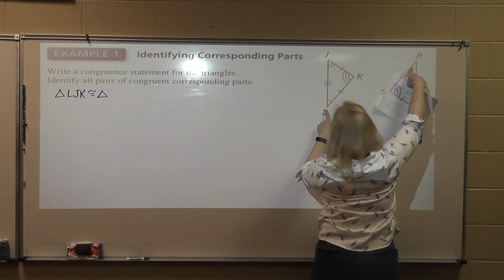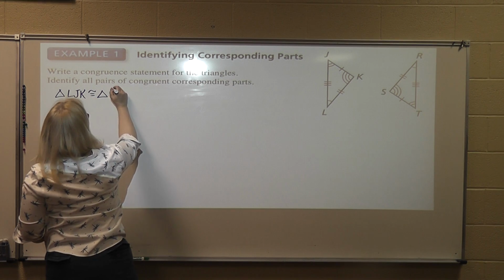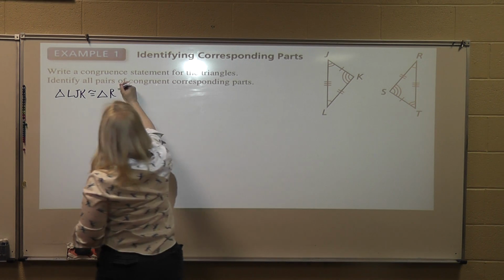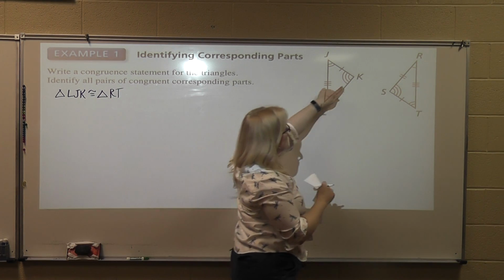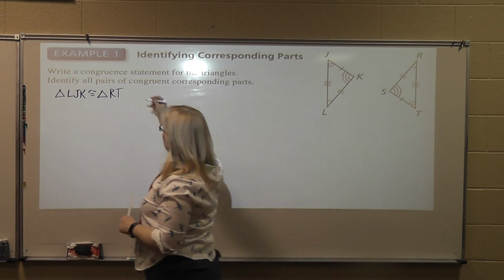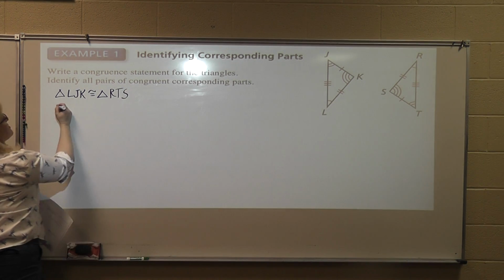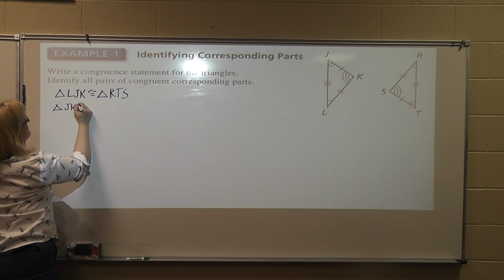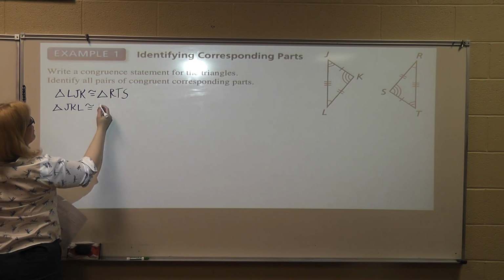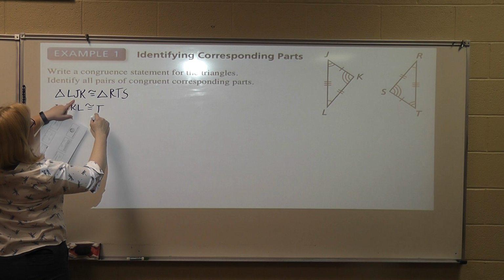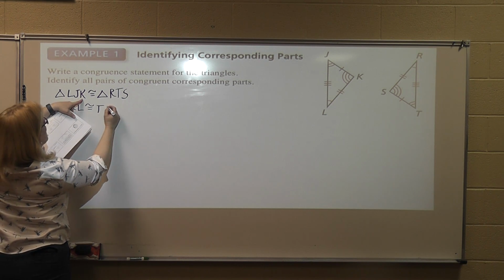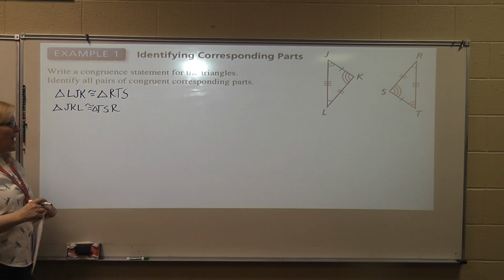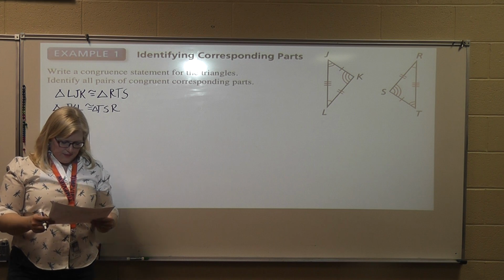It corresponds to R. So that's R. J corresponds to T. And K corresponds to S. I could also write this triangle JKL, that's in alphabetical order, and that would go to, let's see, J goes to T, K goes to S, and L goes to R. Like that.